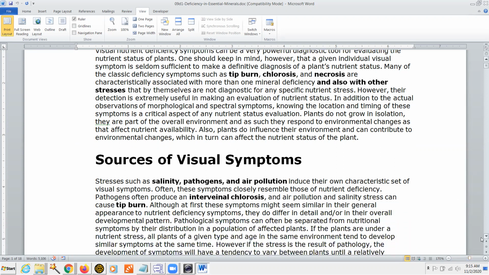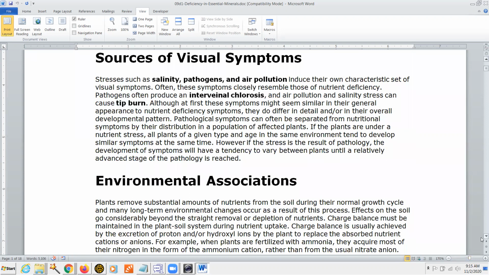I want you to read this, pay special attention. Salinity. Salinity is the salt level in the soil moisture or the irrigation water. And it can be very, very stressful for plants to have excess salinity beyond their tolerance. Pathogens, we've talked about pathogens, organisms that can cause disease. We'll talk about them more later.